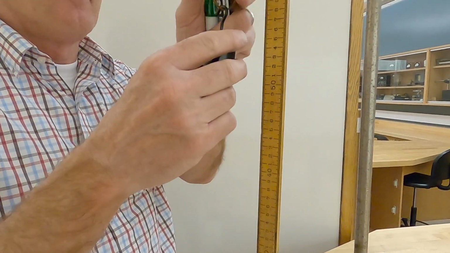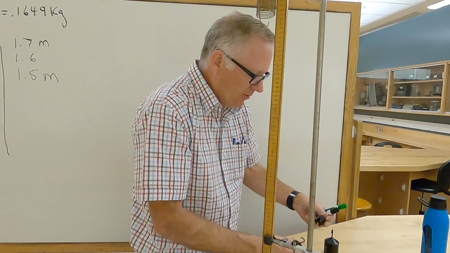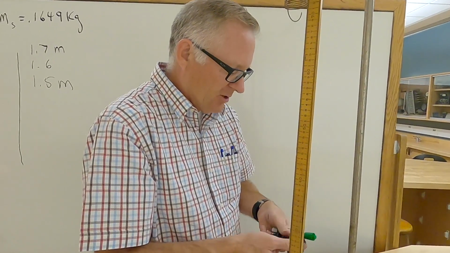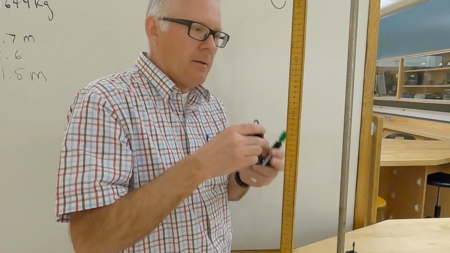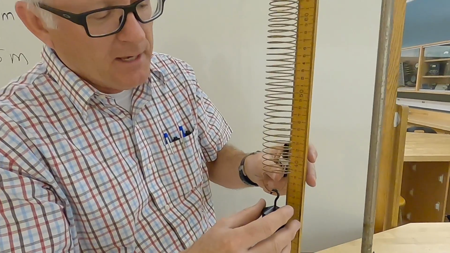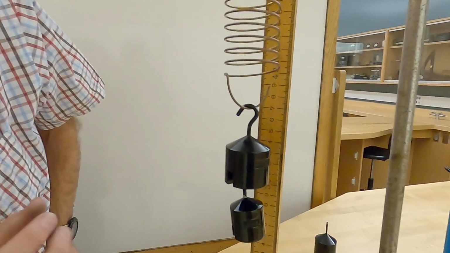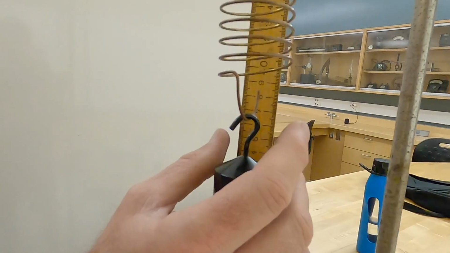Okay, now we'll put on 0.3, so we can just sum these two together. So now we're at 0.3. Now our distance is at 1.39.